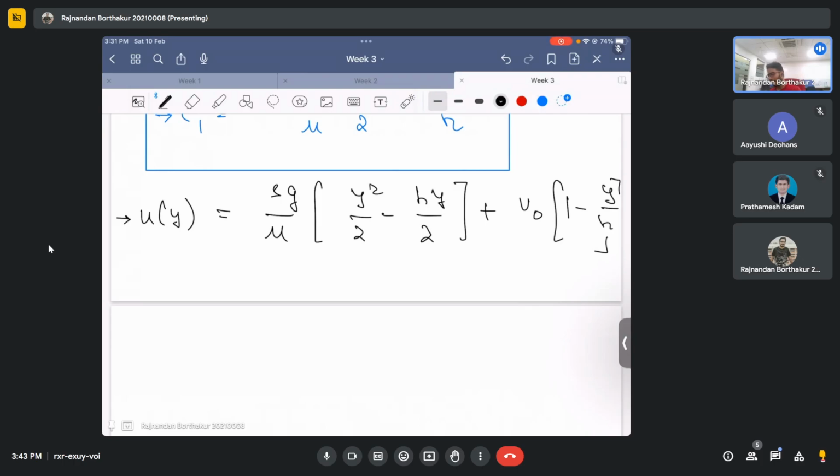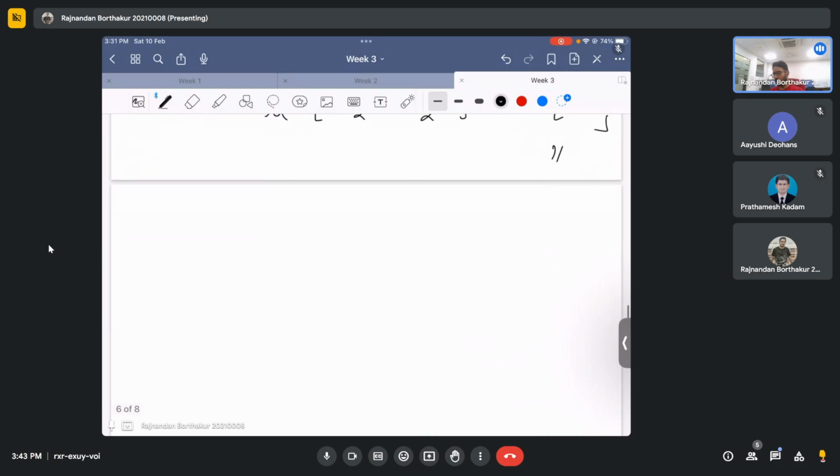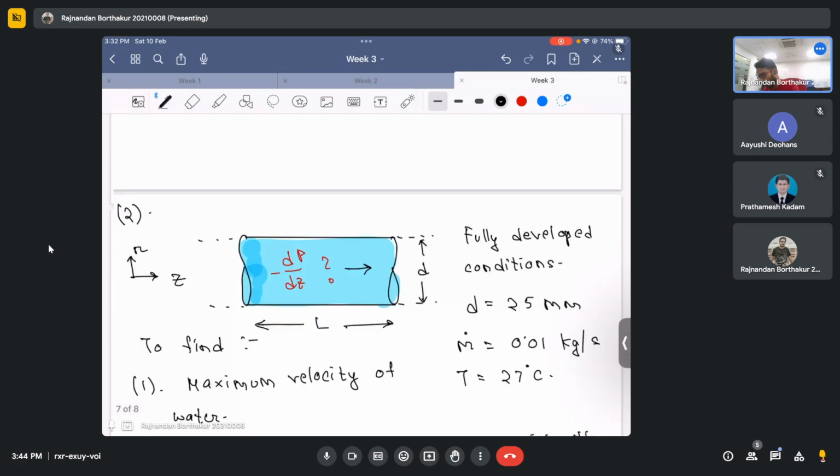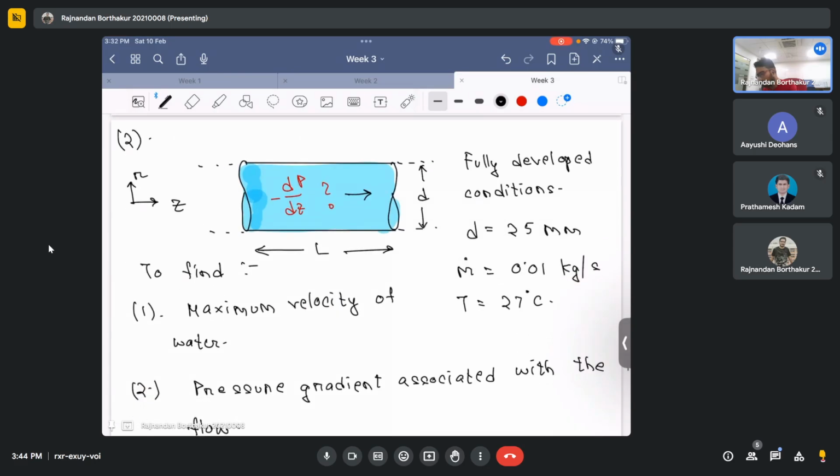So this is the resultant velocity profile that the question asked us. I believe you have understood this problem because your answer says you have understood it. So we will now move ahead. However, I would still wait here for a couple of minutes. If you have any doubt, you can ask me, or I will begin the second problem.